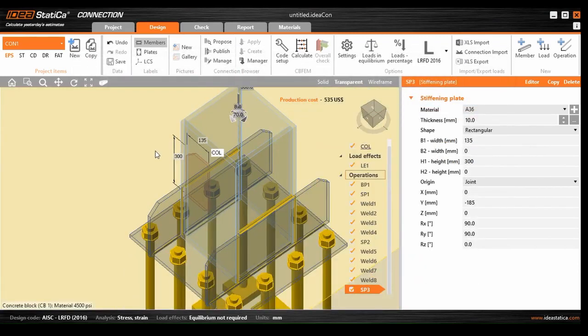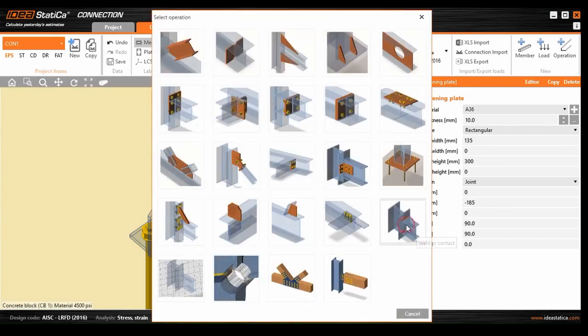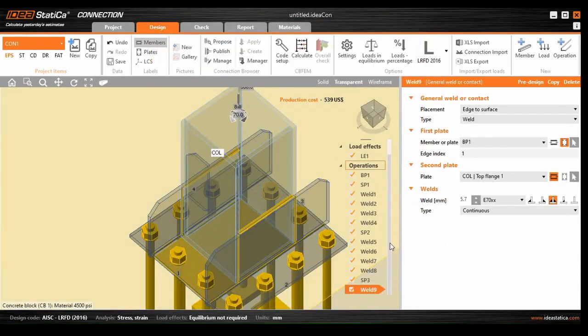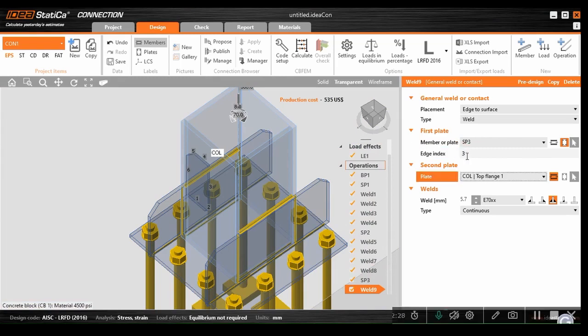So create a new weld. On the right side, leave the above as it is. Set first plate to SP3, index 3, and set the second plate to SP1.